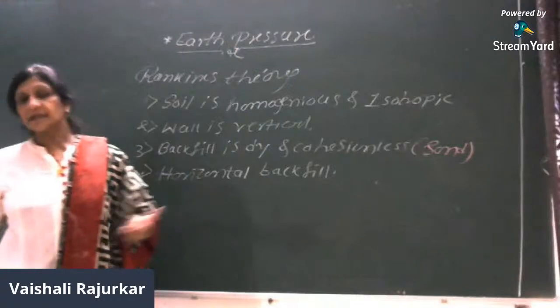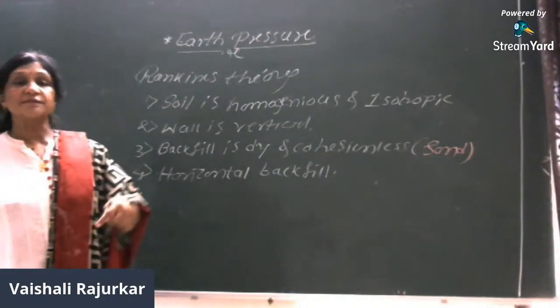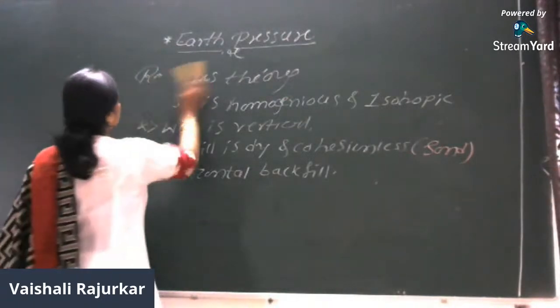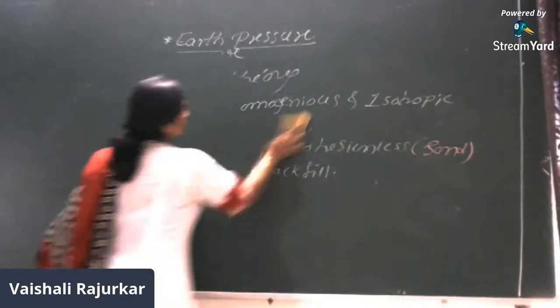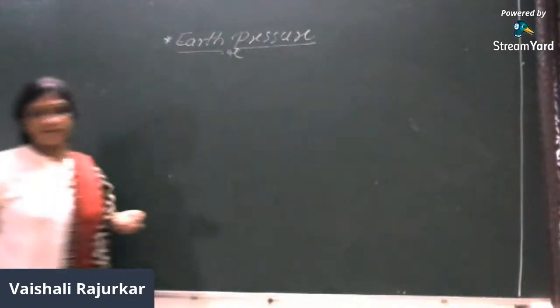Right? So these are the assumptions previously made, and further the analysis has been extended for clay soil and for different cases of wall-soil systems. First we will see the Rankine theory, how the equation has been derived.